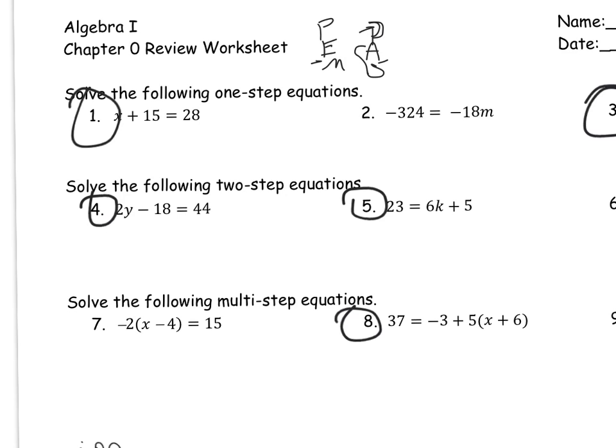Well, let's look right here. I see addition, so if I have to apply the inverse, that means I need to subtract 15 from both sides. If I subtract 15 from both sides, that's going to give me x equals, because 15 minus 15 simplifies to 0. 28 minus 15 is 13, and that's my solution.